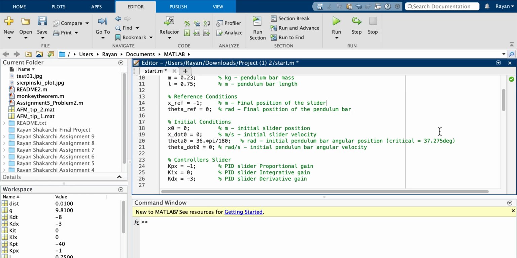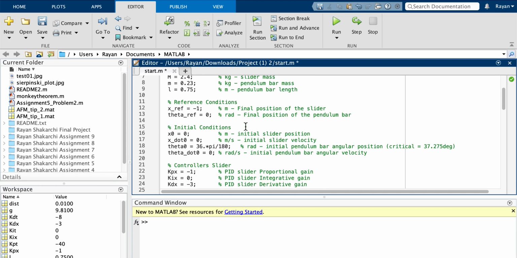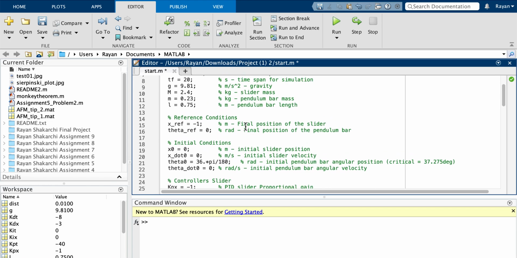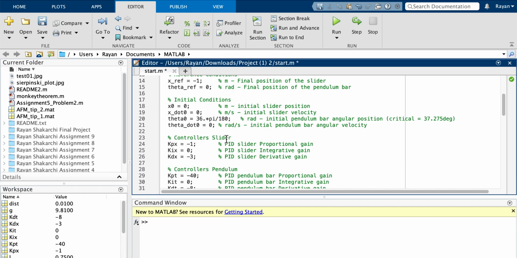When applying the nonlinear equations of motion, we found that for the specific conditions we have of our pendulum bar, for example the mass and the lengths we have used, it will be unable to return to equilibrium in the given distance that we have allowed the slider to operate in. So this angle could be altered, but we would have to go through all equations again and change these parameters from our nonlinear equations of motion.